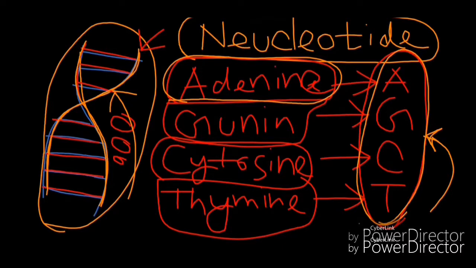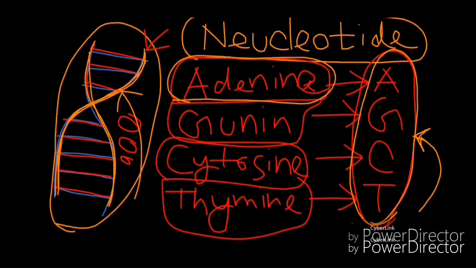So this structure here is called a double helix, and this defines how the strands will pair with each other, and the base on one strand pairs with the base on another strand.